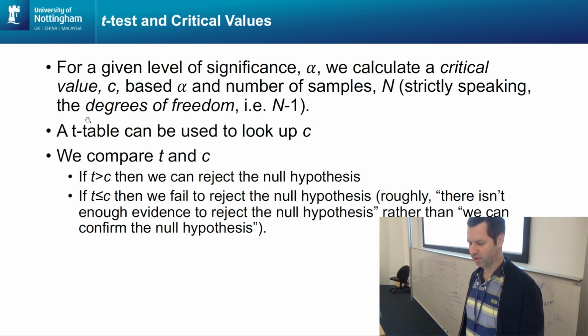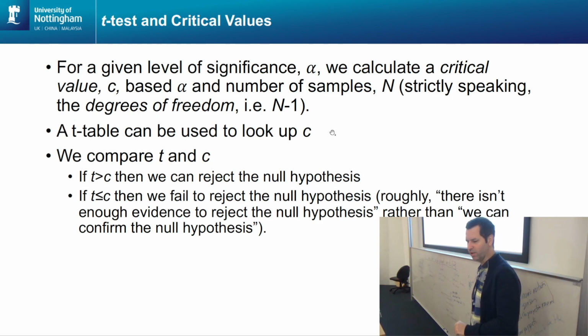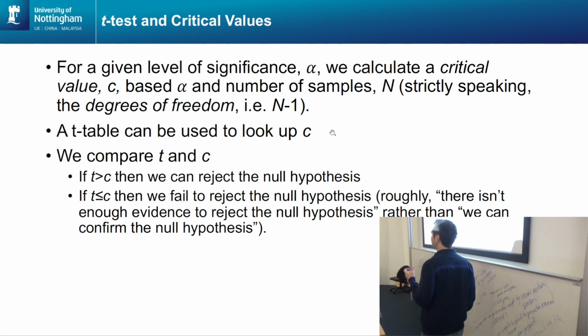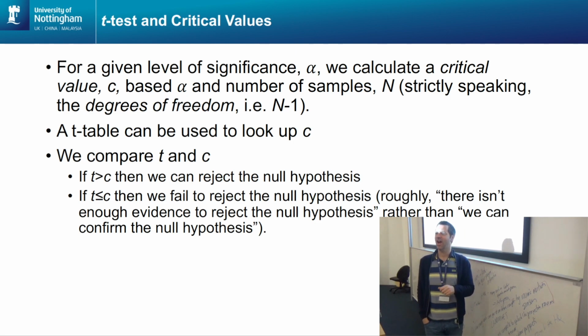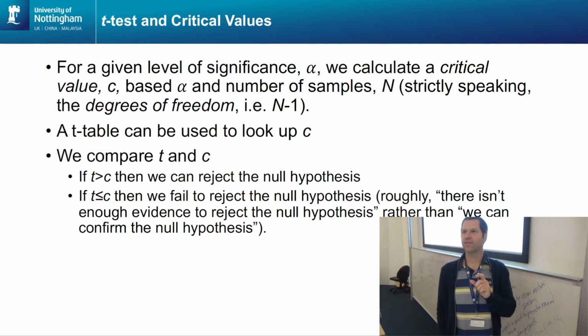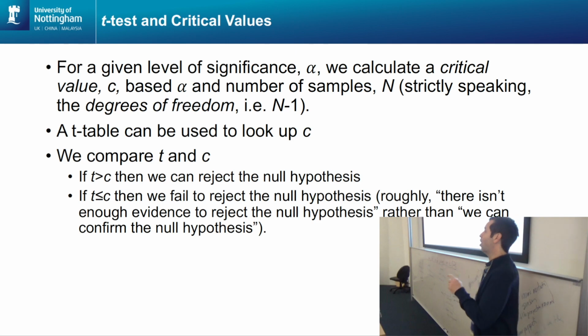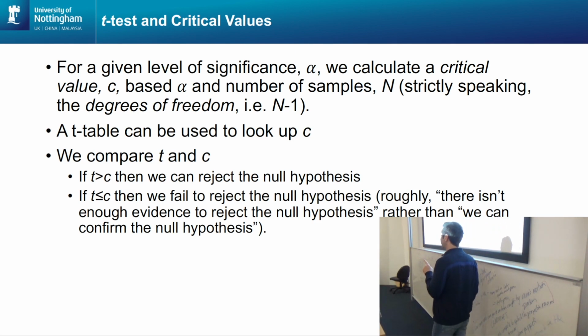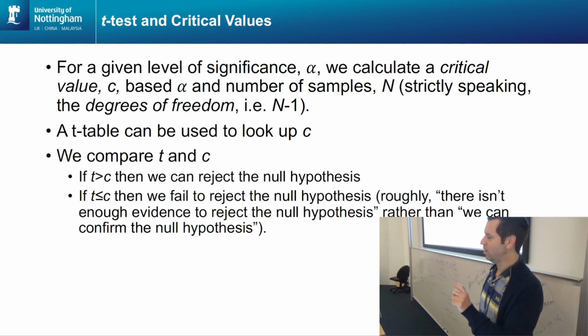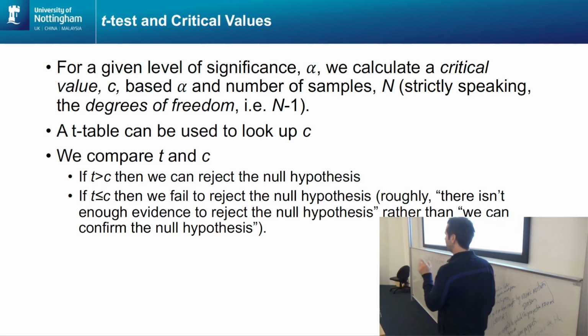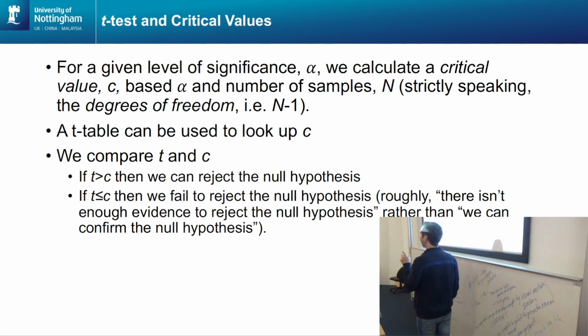We use a t-table lookup to look up the value c and see how statistically significant it is. It's a measure of how confident we are that the two means are statistically different. We're testing the hypothesis that these two averages are different in a meaningful way.